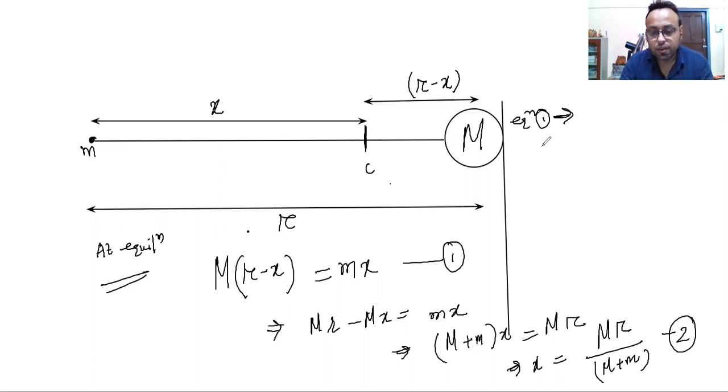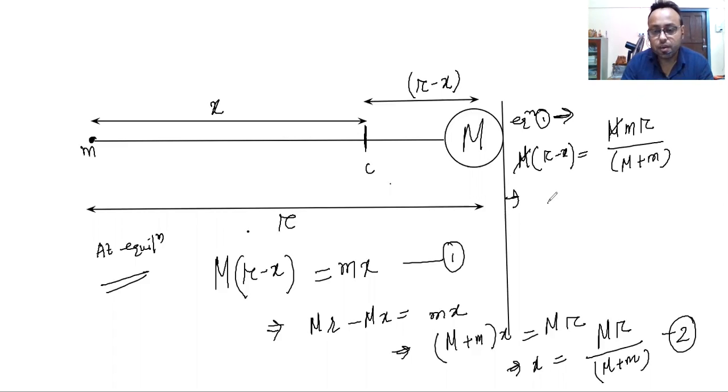So equation 1 implies m(r - x) = Mr divided by m + M, or you can cancel this out.